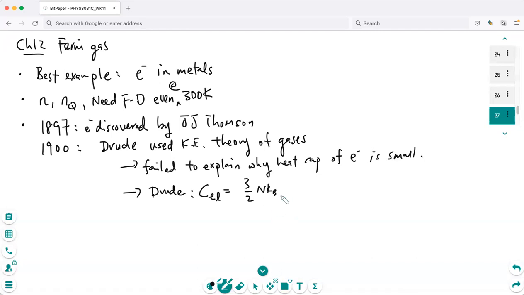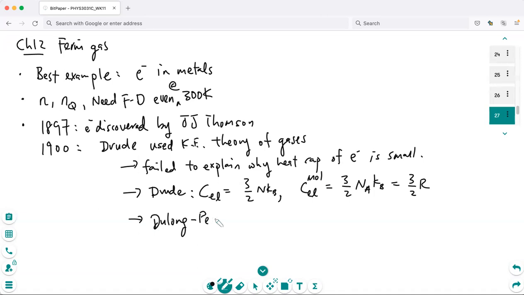Now to benchmark it for you, if I talk about molar, you know how to do this. If I want to look at 1 mole, I will let N be N_A times k_B, and the heat capacity due to electrons in metal is this much. How do you know whether this is big or small? It's very simple. You benchmark it against your Dulong-Petit result.